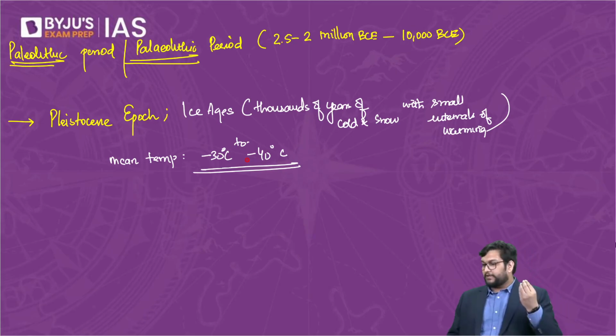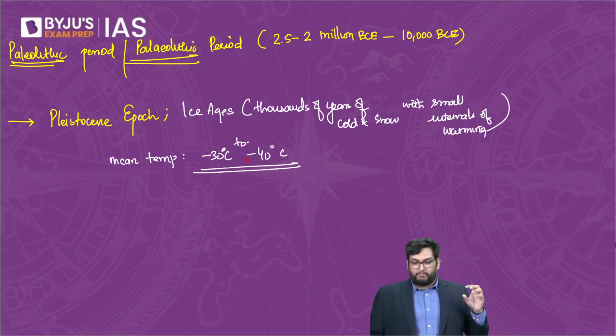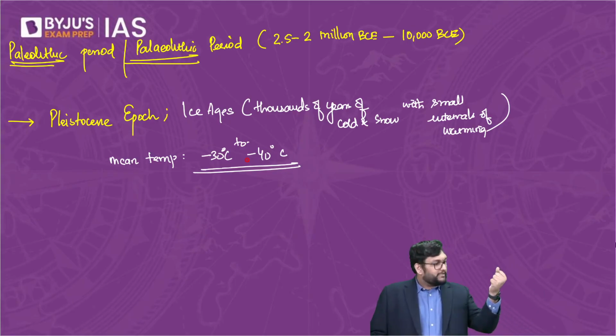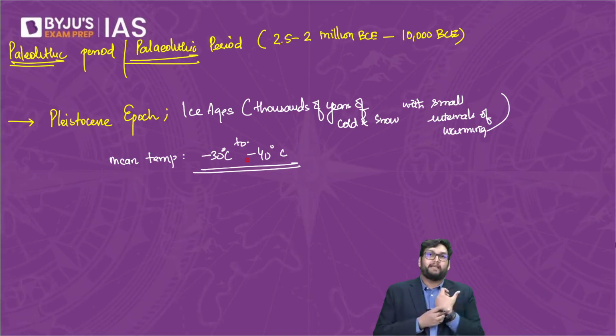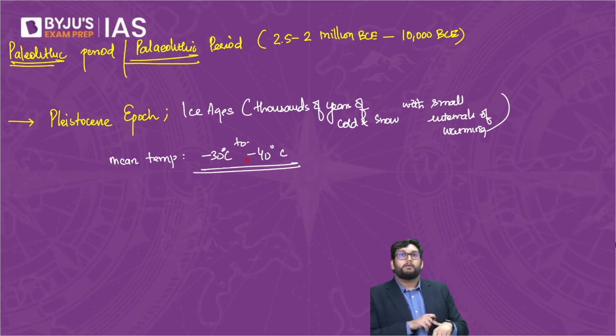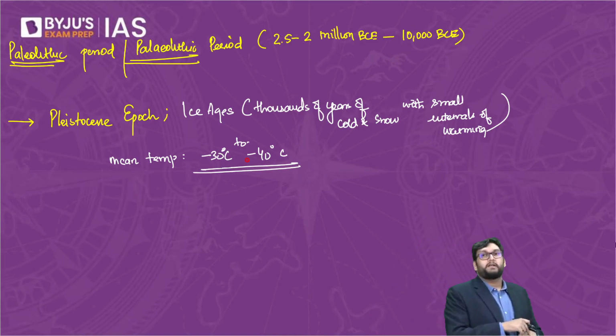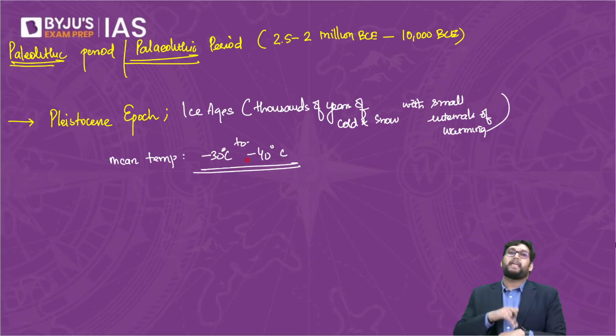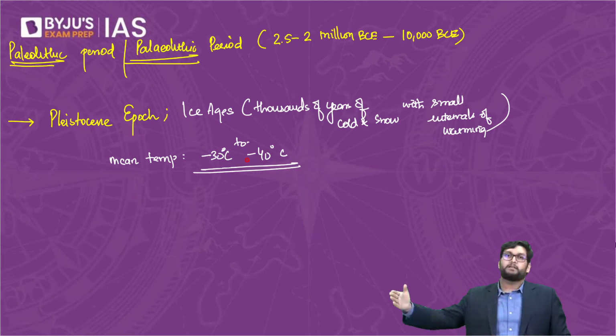This is a reminiscence. It's not the current ice, this is Pleistocene. The fact that we all have hair is an evolutionary thing. We used to have very heavy hair fur on our body, but as the earth warmed, we lost hair.